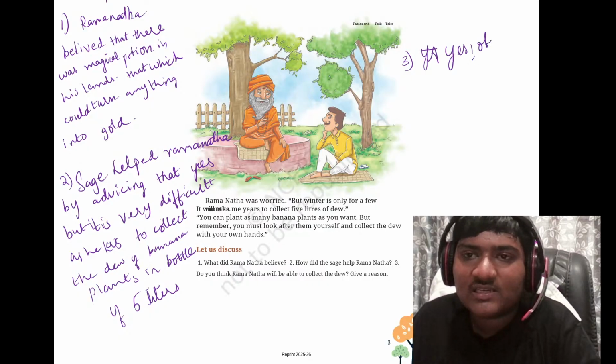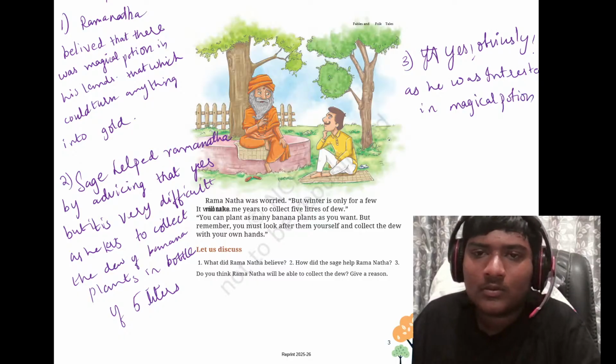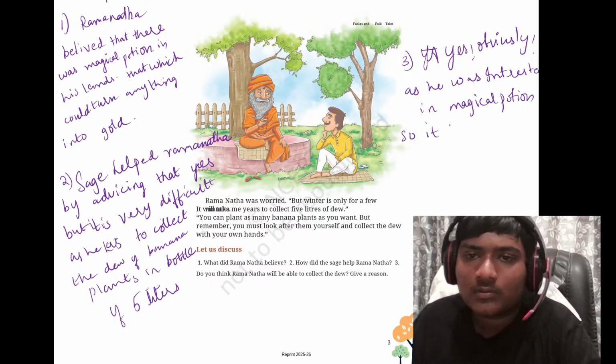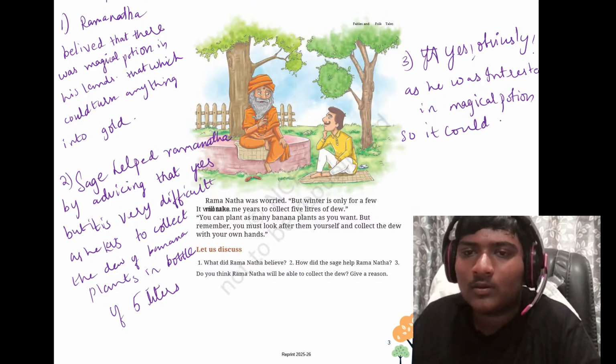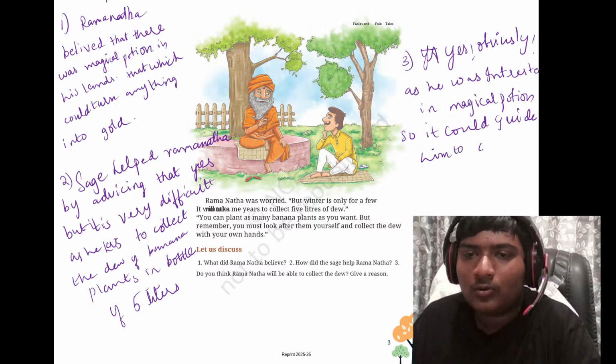Obviously, as he was interested in the magical potion, it could guide him to collect the dew.